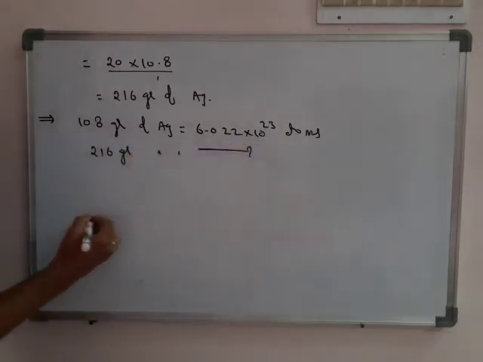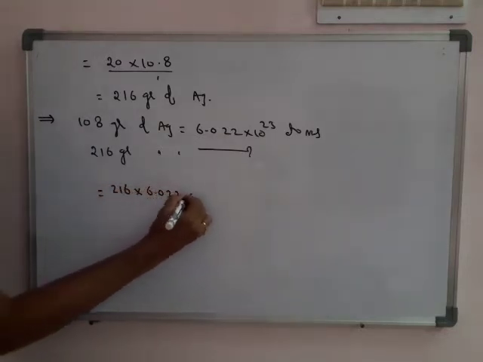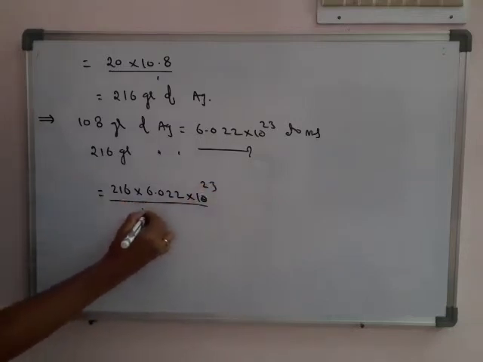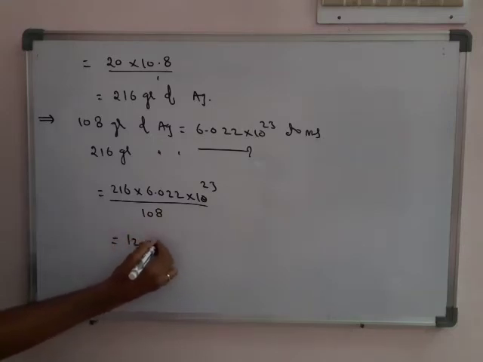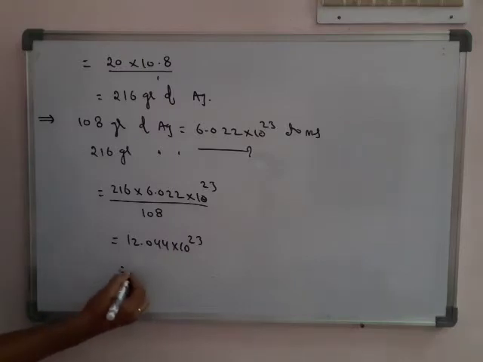Silver has how many atoms? Exactly double the number. Okay, that is 12 point. So I think in the option it is given in terms of 1.2.